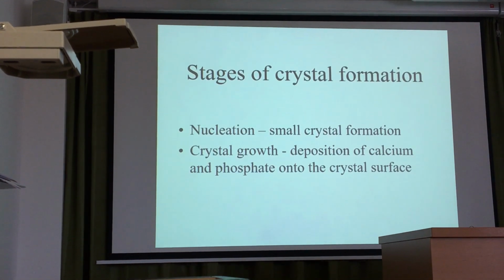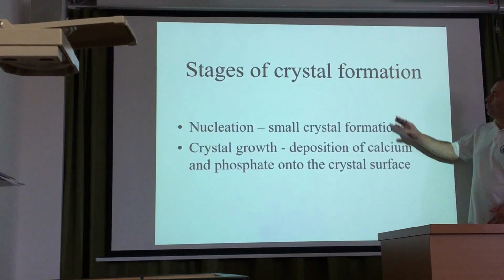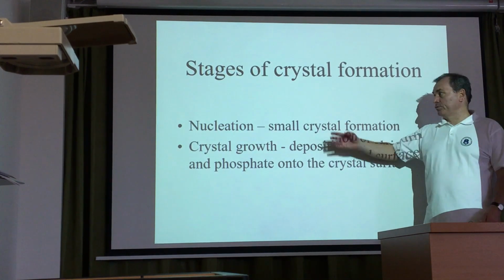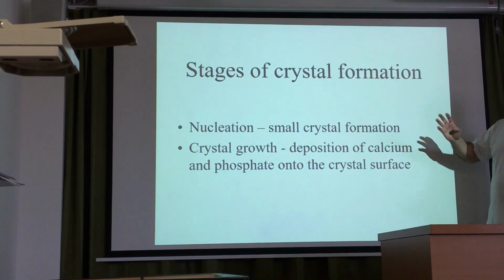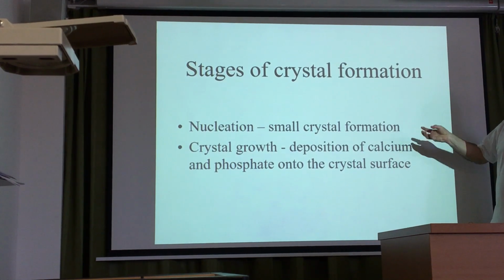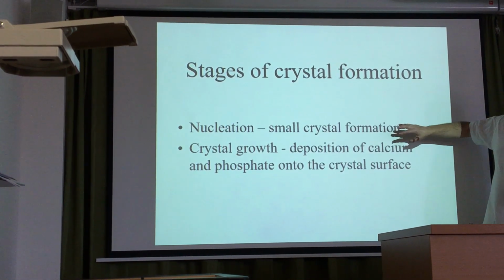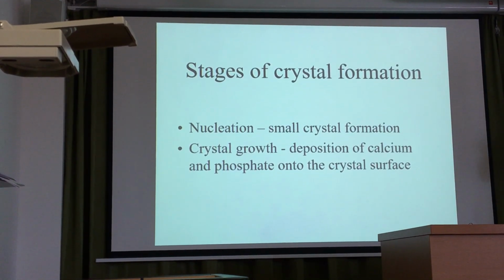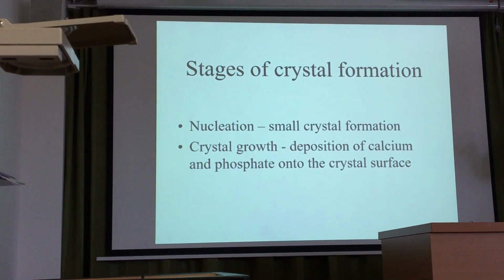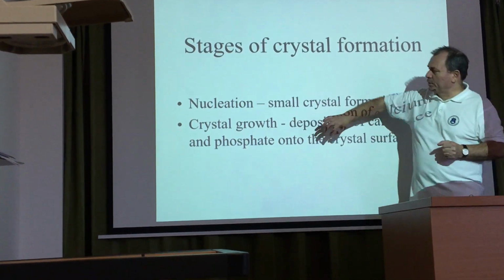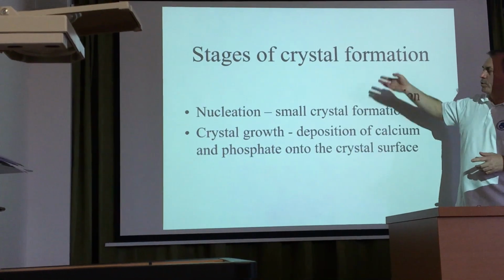And there are stages of crystallization or mineralization. First, after we have a scaffold, or a core molecule for the mineralization, the nucleation starts. Nucleation means crystal cores are forming, and after this, it is growing, of course.